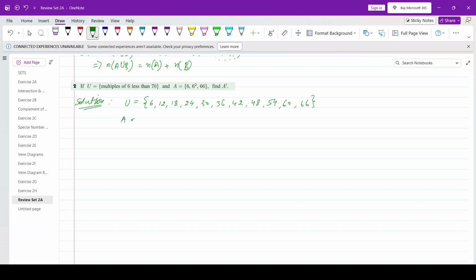Now set A is 6, 6 square, 66, or we can write it as 6, 36, 66. Now we know this element is present here, this element is present here, and this element is present here.